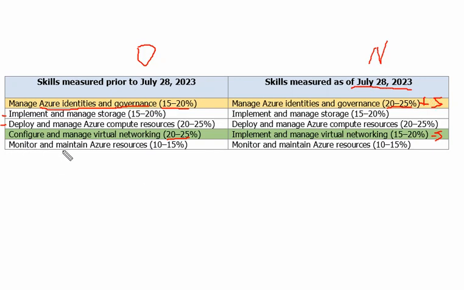And again, monitor and maintain Azure resources is 10 to 15% in the old syllabus, and the new one is also 10 to 15%. So these are broadly all the skill areas we have covered, and now we are going to have a detailed comparison of both syllabi.